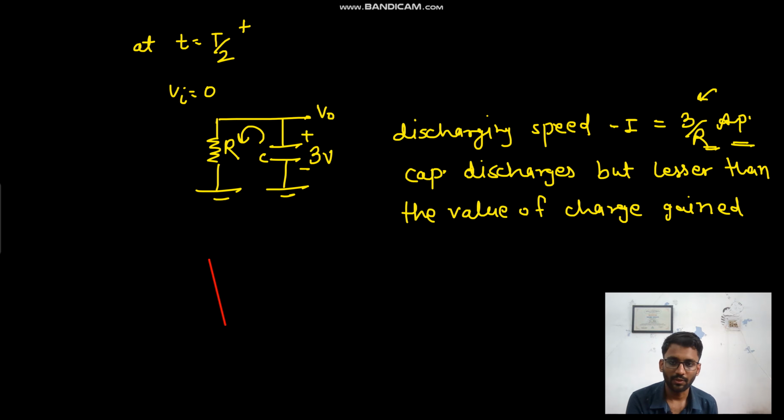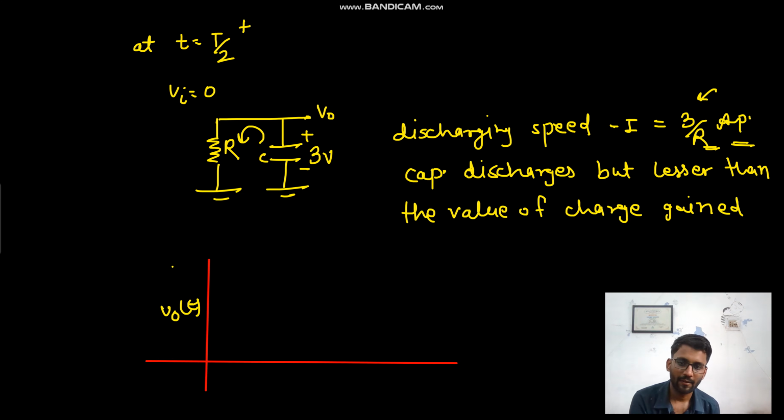Okay, so now if you talk about V naught, we are going from 0 to 3 volt. From 0 to T by 2, we went from 0 to 3 volt. Now we will come down, but not completely.